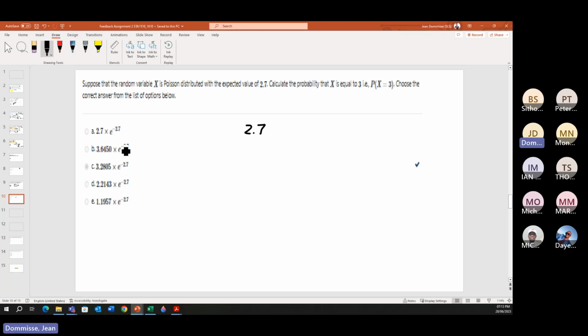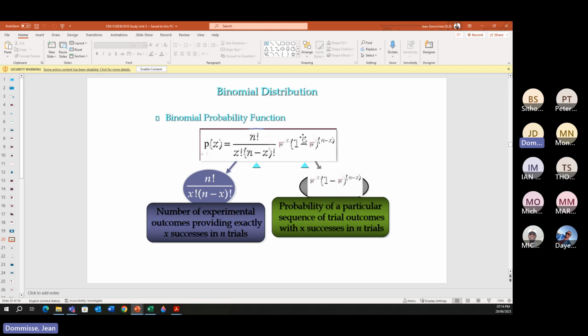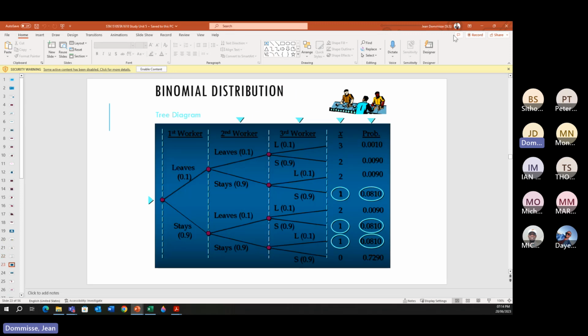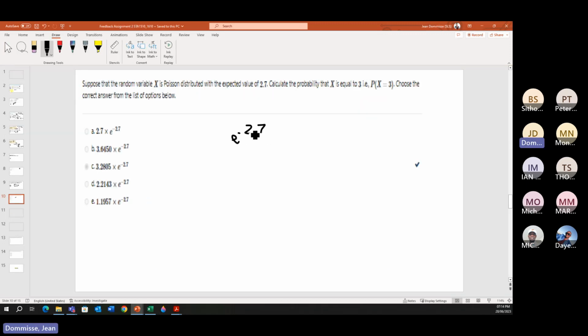So all of them, actually the E minus 2.7. So I would have first looked at that part. But wait, there must be a nicer one. Where is the other formula? There's a nicer formula to actually work this out that's not in the book. I will mark that to you, but I can give that for you as well.